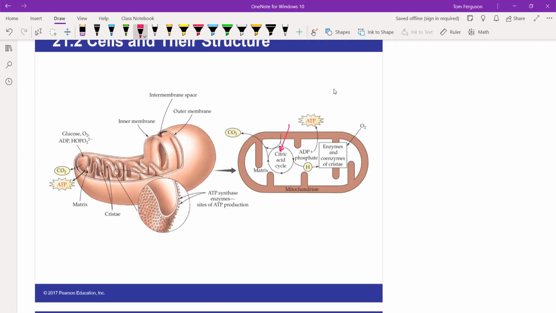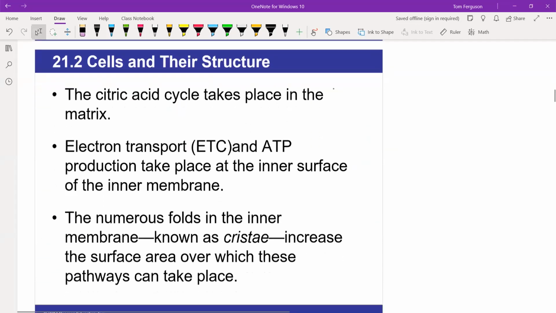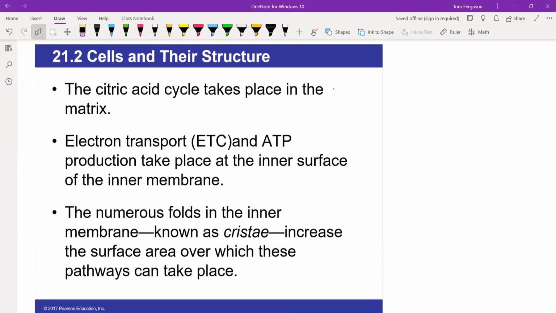So we convert ADP to ATP, and this kicks out a carbon dioxide molecule. I'm going to go into extreme detail on all this stuff. The biology part here, I'm not focusing on at all.